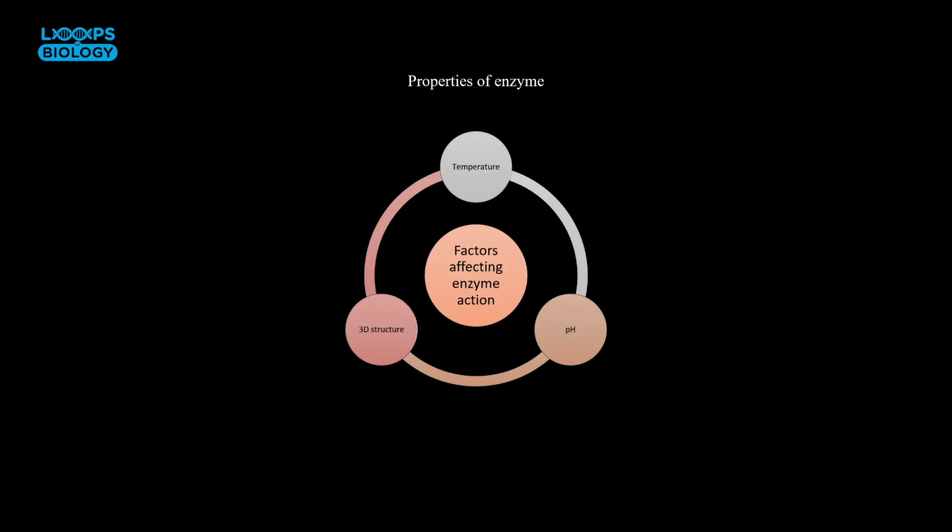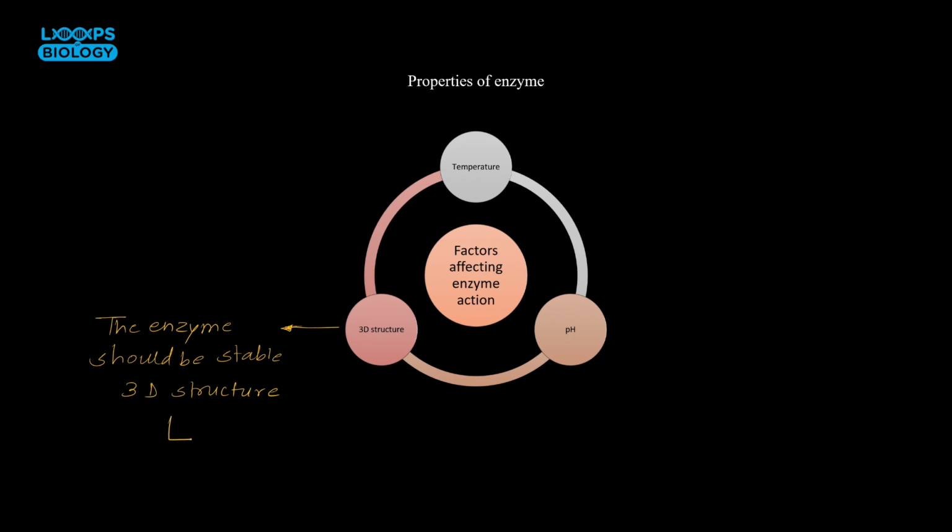Let's move to the different properties of enzyme. I have told you that enzyme has a proteinaceous nature. Whenever I'm talking about protein, I have to remember the three-dimensional structure of proteins. The enzyme should have a stable three-dimensional structure.